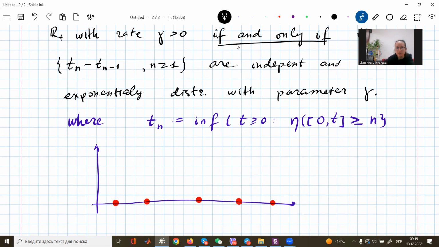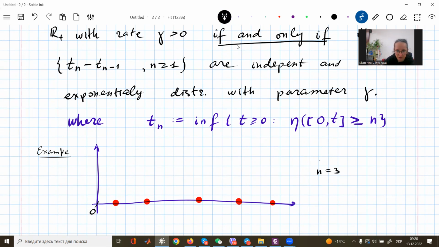So by this formula for Tn, we can see that if I fix some n, for example, n is equal to 3, then for what t is the value of eta of 0 to t greater or equal than n, than 3.